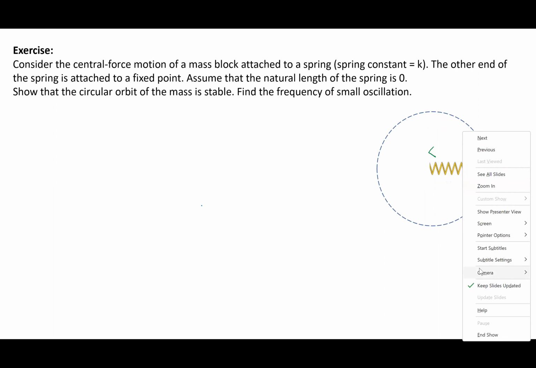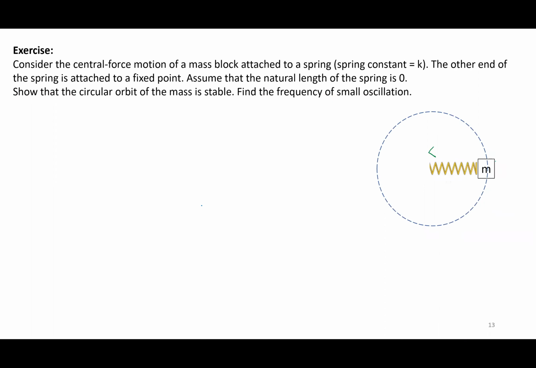That is to say, after you have set up the circular orbit, suppose at some moment you give a little kick to this mass block, such that it is displaced a little bit away from the circular orbit. If it does perform the oscillation, maybe the trajectory of the mass will be something like this.